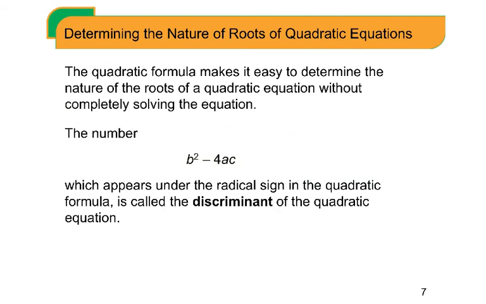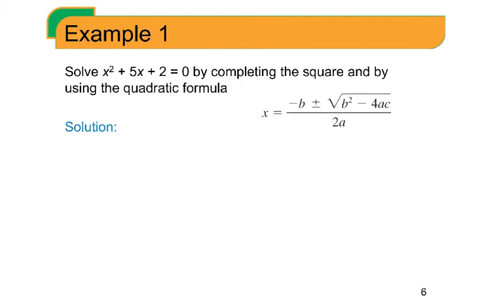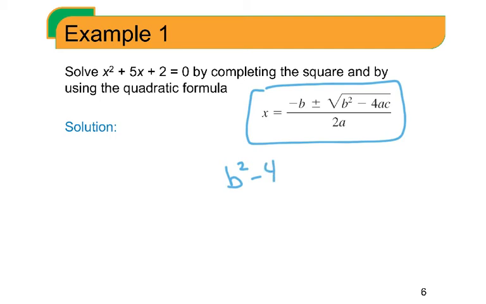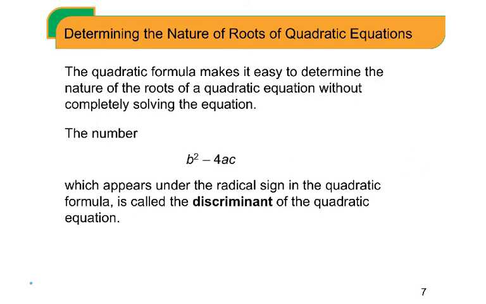Now, the next thing we're going to talk about is how, if you look at the quadratic formula here, this term under the square root, b squared minus 4ac, this is special. It gets its own name. It's called the discriminant. And this tells us a lot.